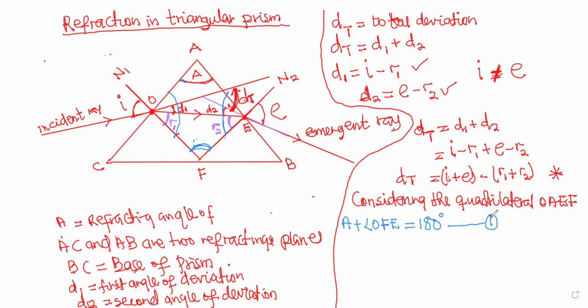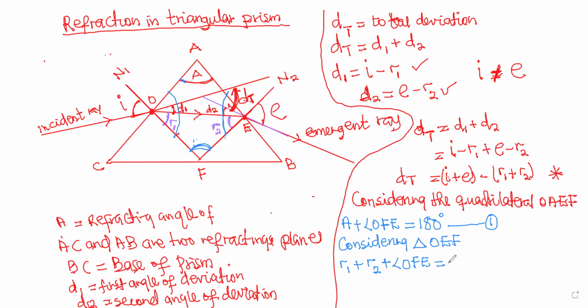All right. Now, when you consider triangle OFE, or OEF, we can also say that R1 plus R2 plus the angle at F, which is angle OFE, this must also be equal to what? 180.